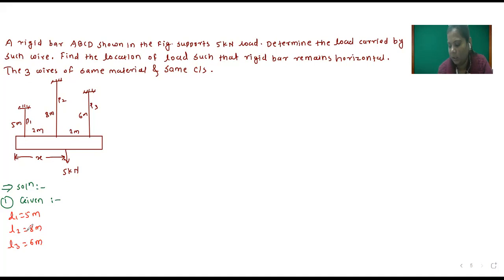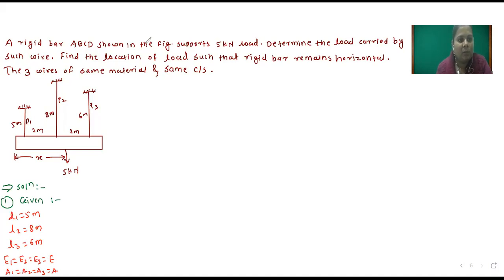The material of all three wires is the same, so Young's modulus E1 equals E2 equals E3, the same. And cross-sectional area A1 equals A2 equals A3 equals A, because the cross-sectional area is also the same.